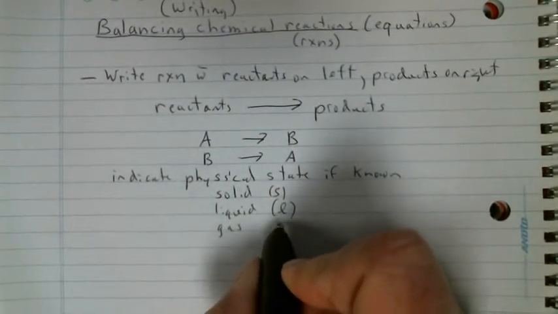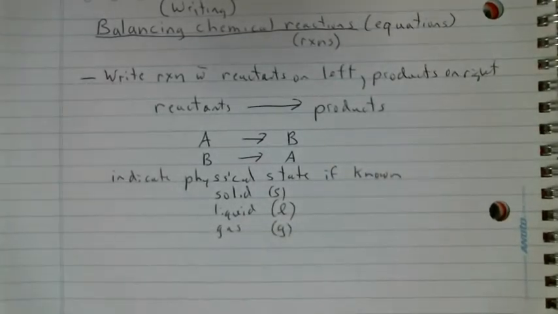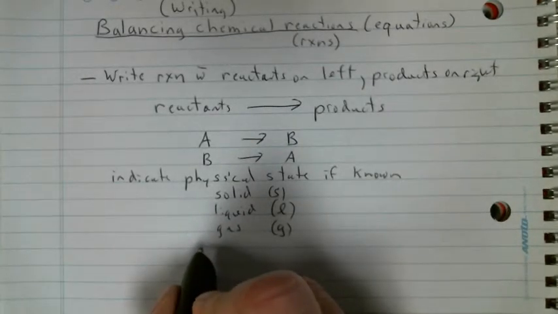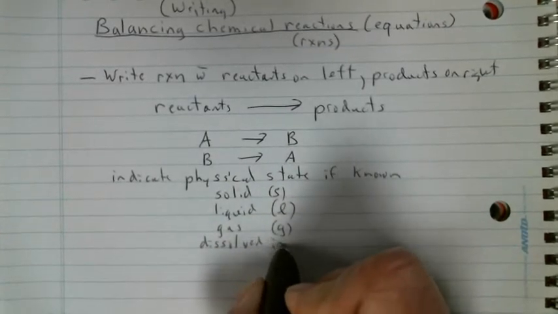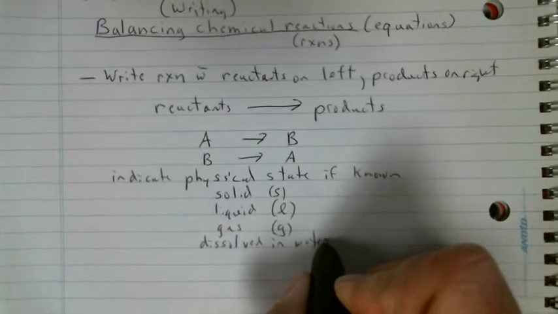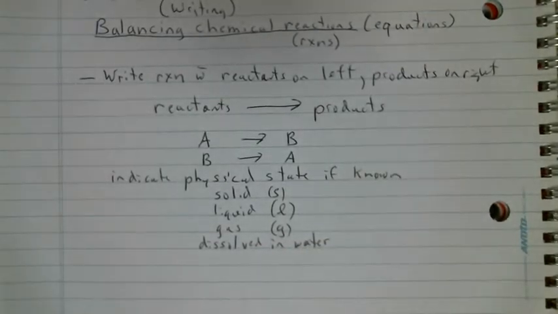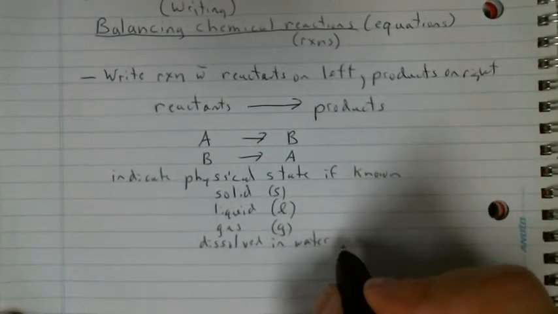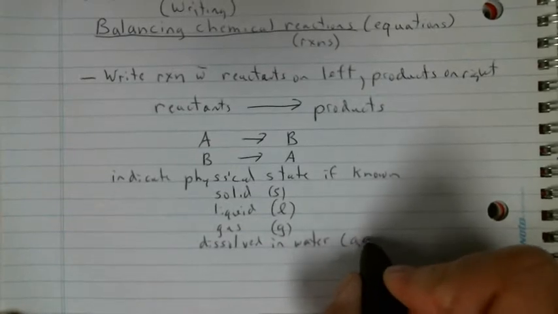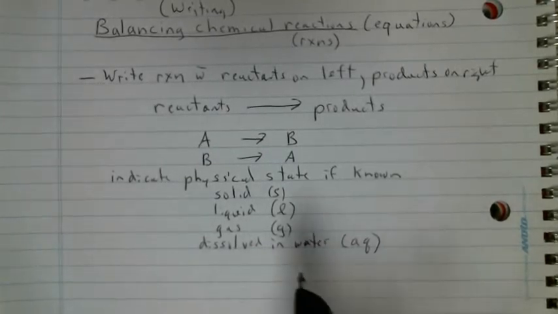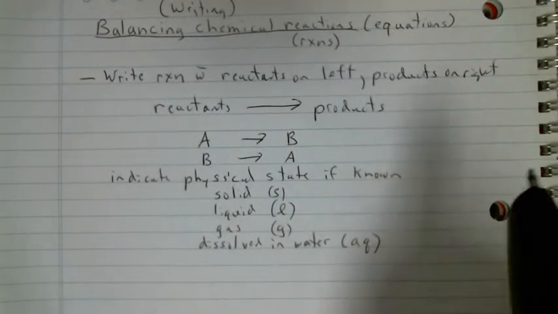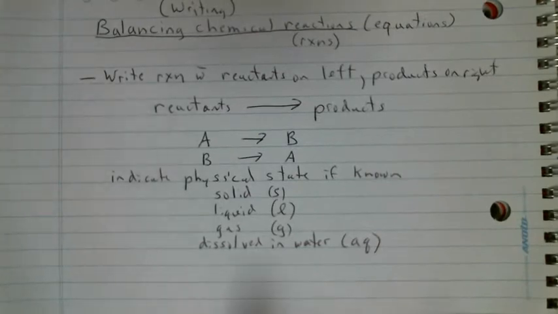I guess you probably guess that's a G. Or if it's in aqueous solution, so dissolved in water, and water is always going to be our solvent unless it's stated otherwise. So dissolved in water, it's an AQ for aqueous. Okay, so that's just writing what the substances are. And once we know what the substances are, we never change them.